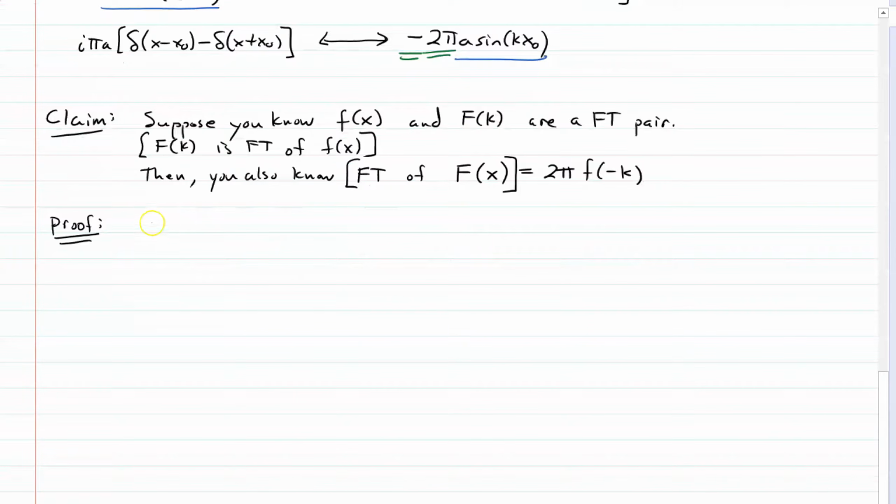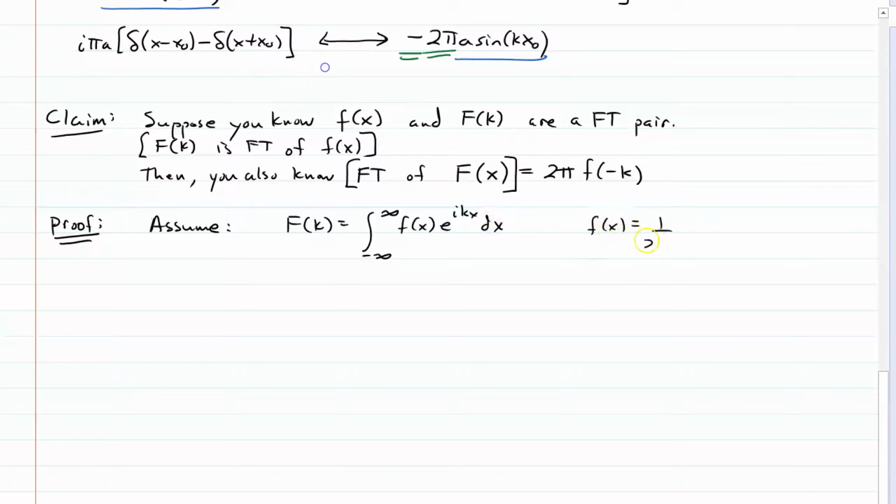Okay, so let's assume we already know this Fourier transform pair. So we know F of k is the integral from minus infinity to infinity of f of x e to the i k x dx. And we also know the inverse Fourier transform, f of x is 1 over 2 pi times the integral from minus infinity to infinity of F of k e to the minus i k x dk.